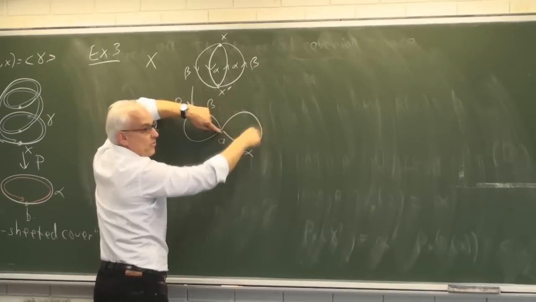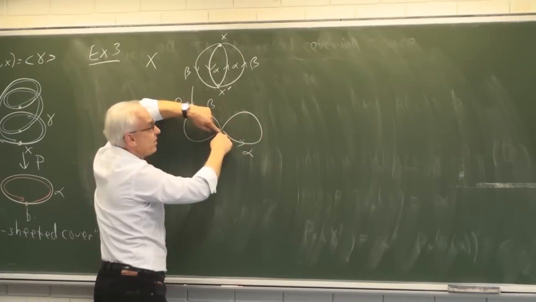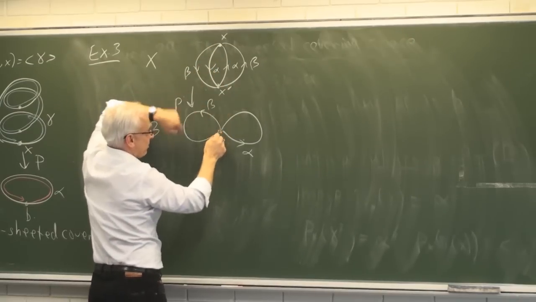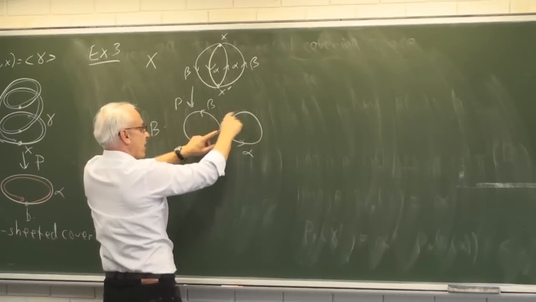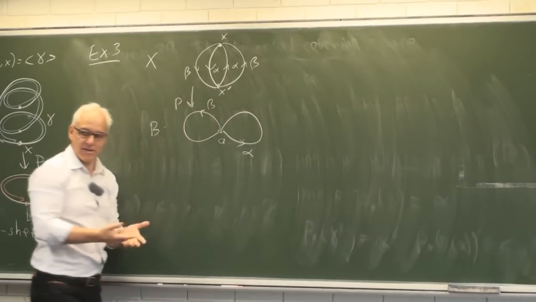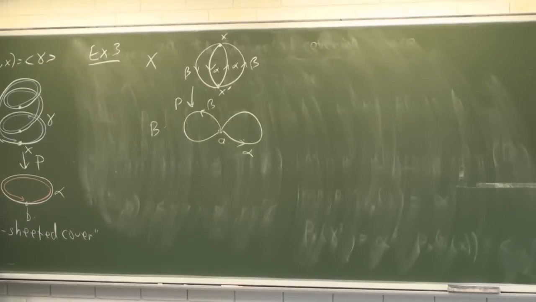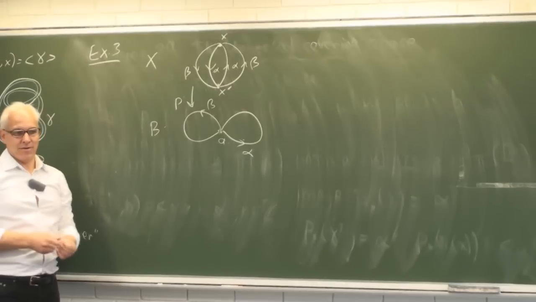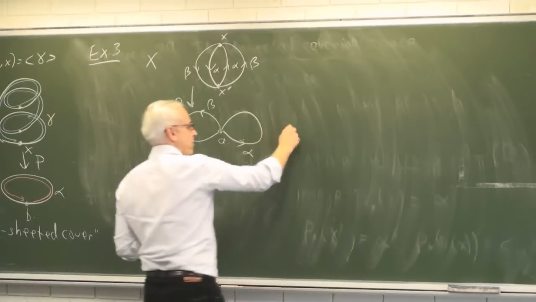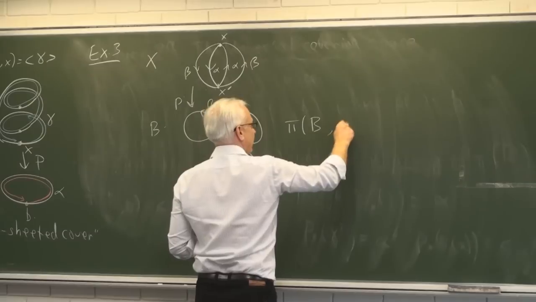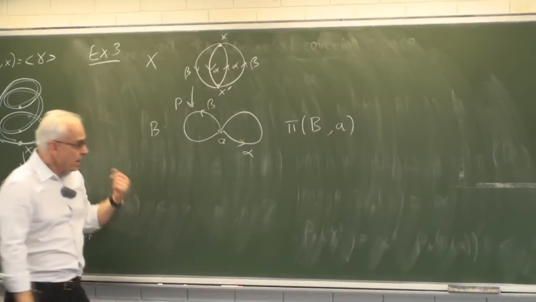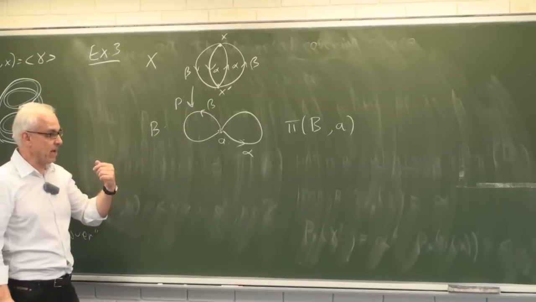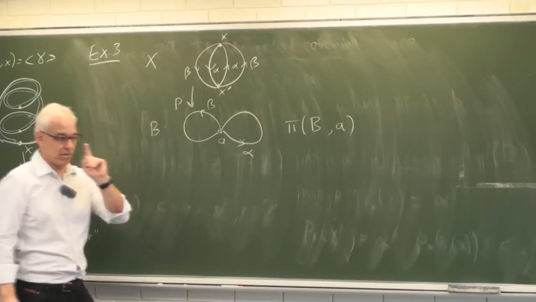So we end up with these 2 loops alpha over this one, and then this beta gets mapped to this one, and this beta also gets mapped to this one. So we have 2 loops going over here and 2 loops over this one. That's the covering. Okay, at the level of fundamental groups, what happens? Well, here the fundamental group, pi of B, say based on A, just consists of words in alphas and betas, but not commuting now.